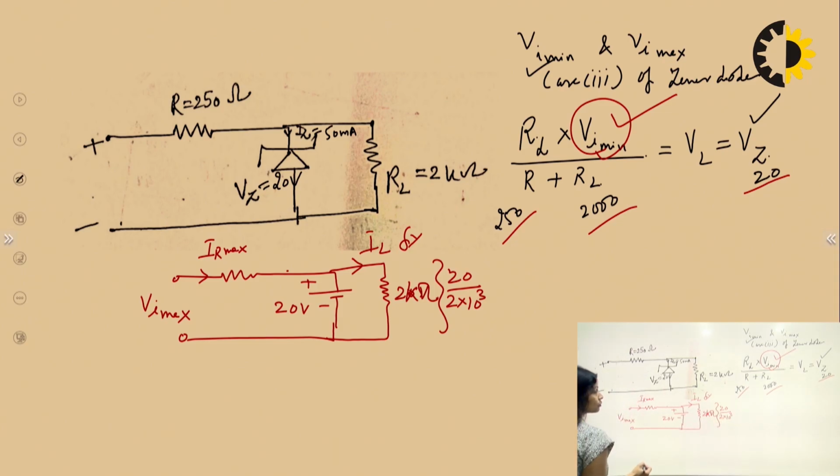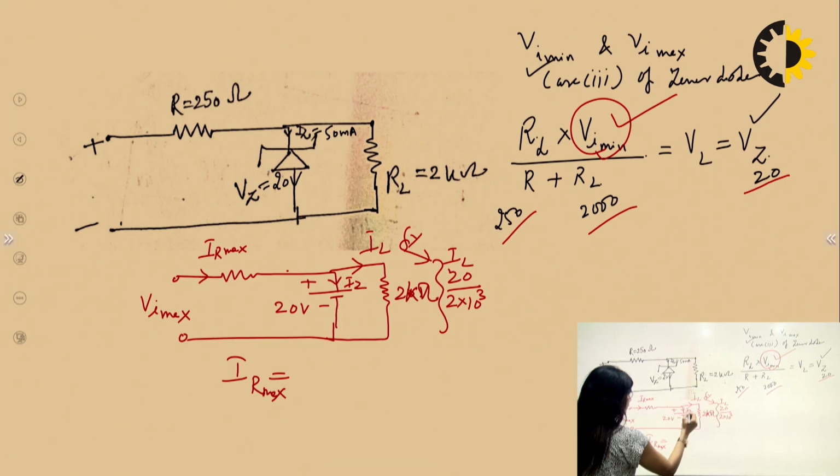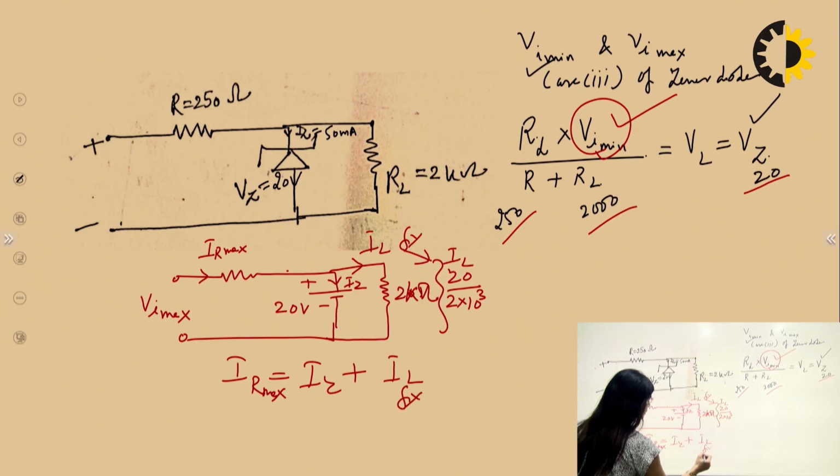Okay. So this is IL. What we have calculated, this is IL. Now you can apply this formula. IR maximum is equal to IZ maximum plus IL. Since IL is fixed, so this will be maximum. To balance this equation, IR maximum is equal to IZ maximum plus IL, right? So now we have already calculated IL, and IL is this thing, 20 upon 2000.